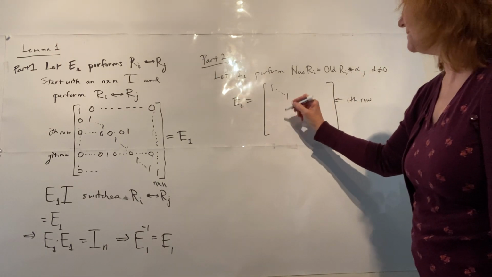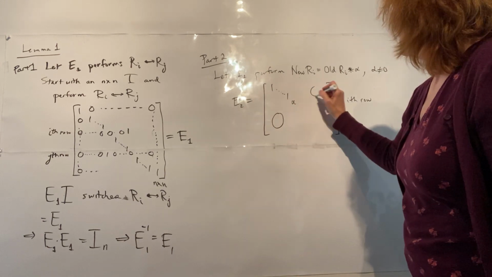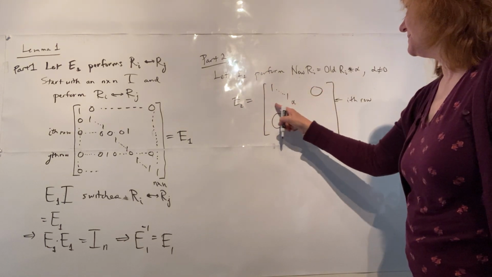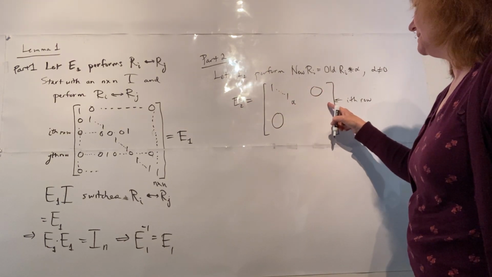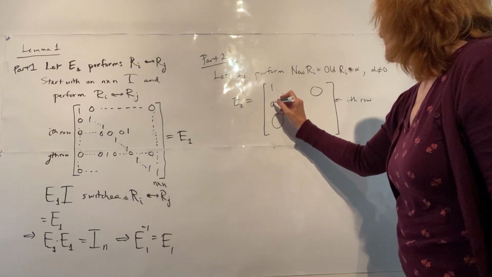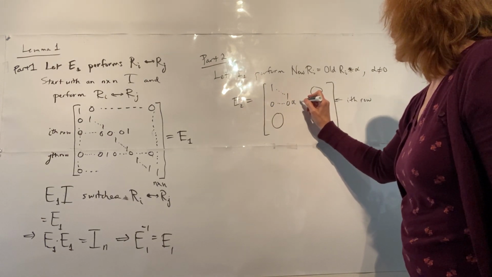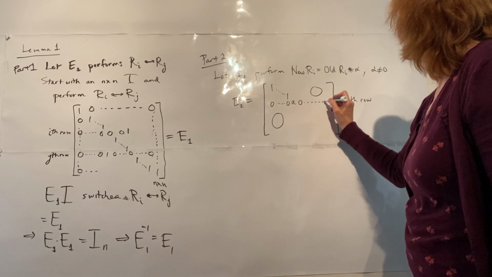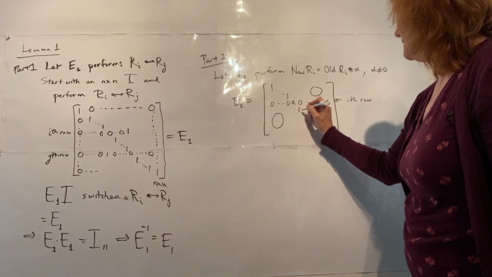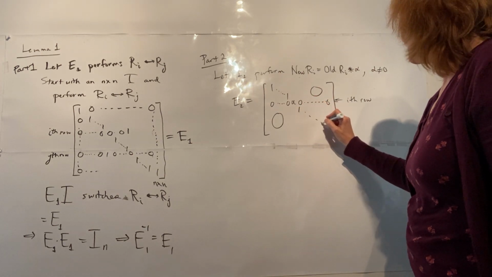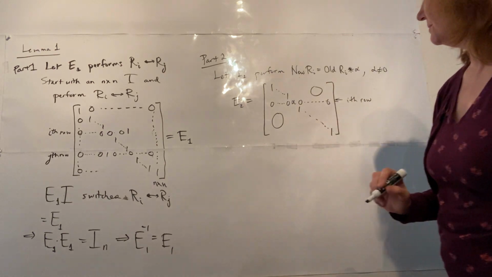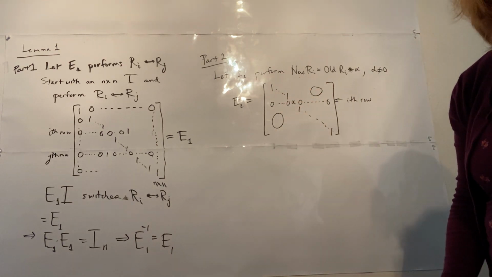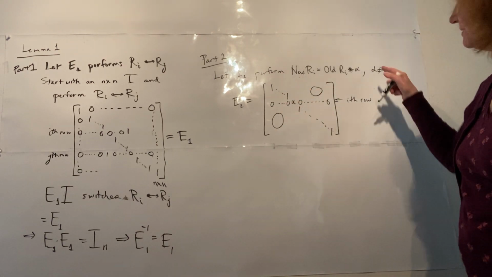So zeros everywhere else, right? Alpha times all those zeros, just going to be 0. Same thing here, just a bunch of zeros, except at that one spot. Everywhere else, it looks like the identity matrix, right? So that's what E2 looks like for some alpha not equal to 0.